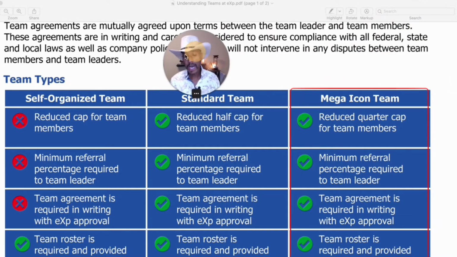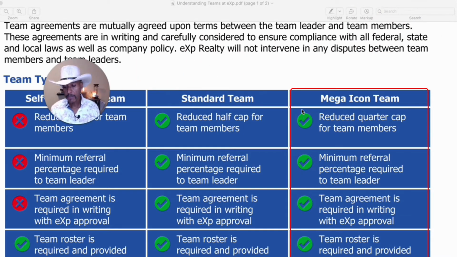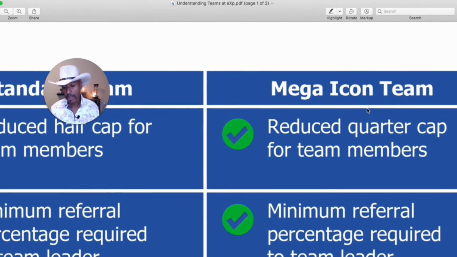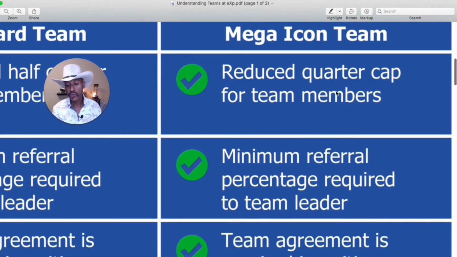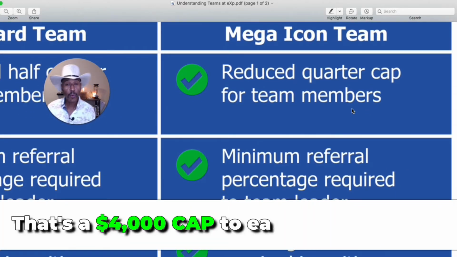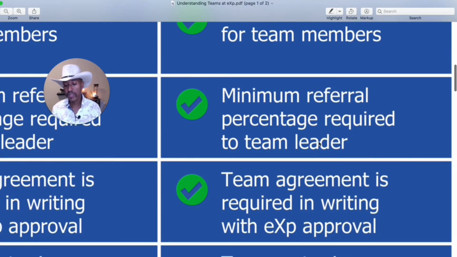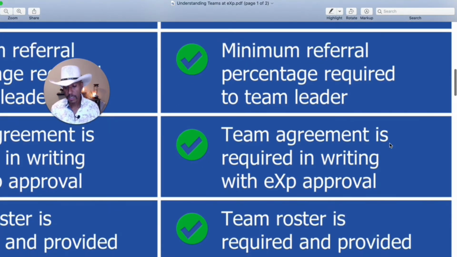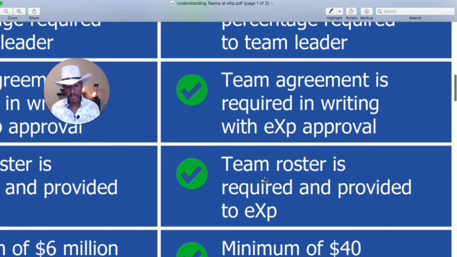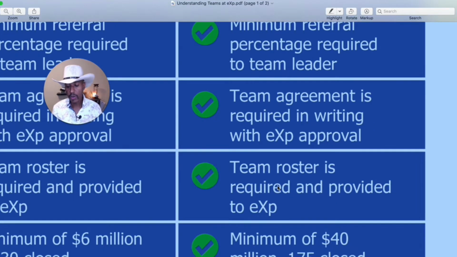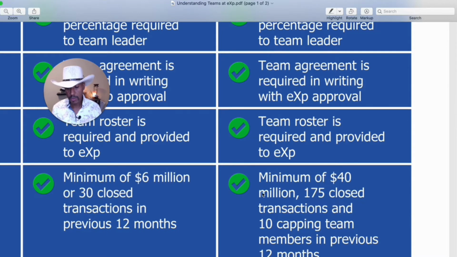Now, the mega icon team, there's not as many people that qualify for this, but this is a reduced quarter cap. That's a $4,000 cap for each team member. Minimum referral percentage required, team agreement required, same as the other. Really, the only big difference here is the qualification.